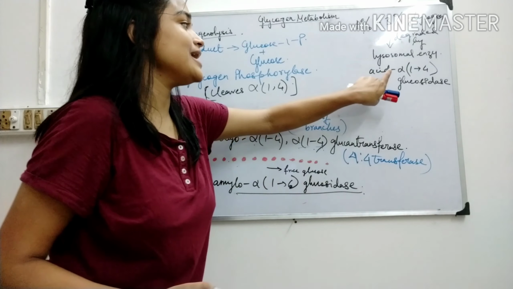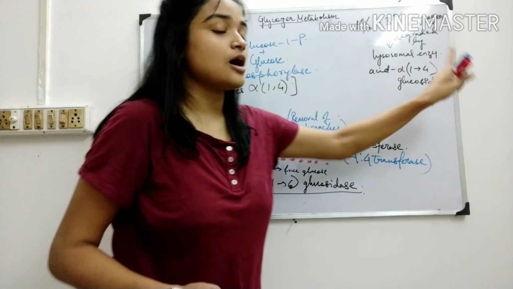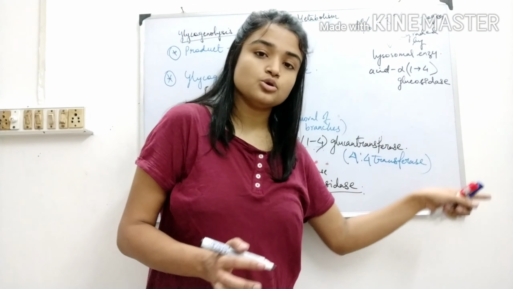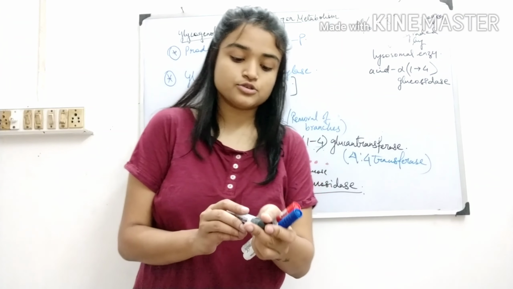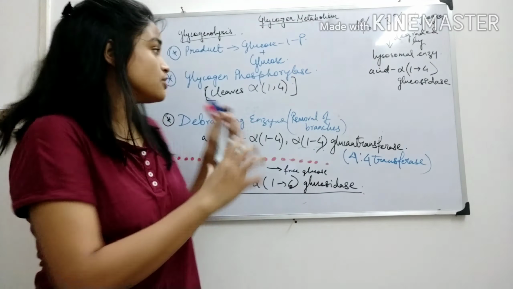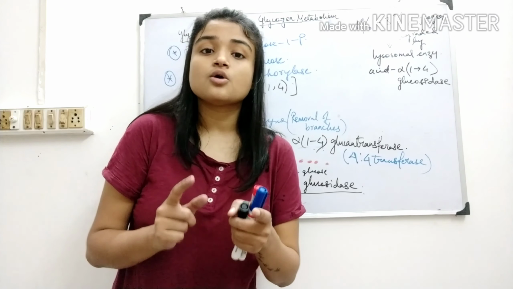So this enzyme breaks down glycogen into glucose molecules. So these are the different enzymes which act on the glycogen and produce glucose 1-phosphate.